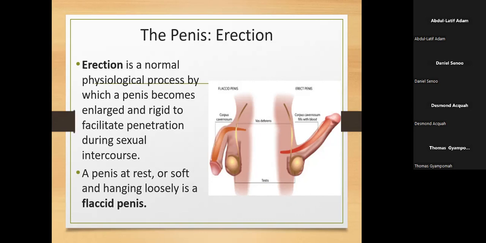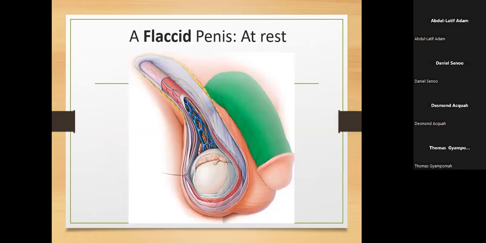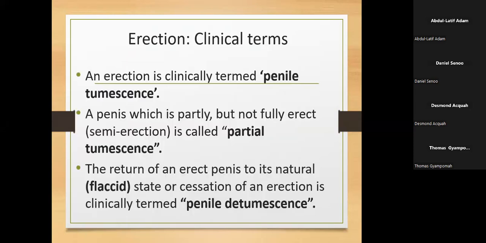Once the penis is not erect, it is called flaccid. And that is that. So this is a penis in its flaccid state, at rest. Most of the time, the penis is at rest, it's not firm, it's not rigid, and it is called a flaccid penis. All right.